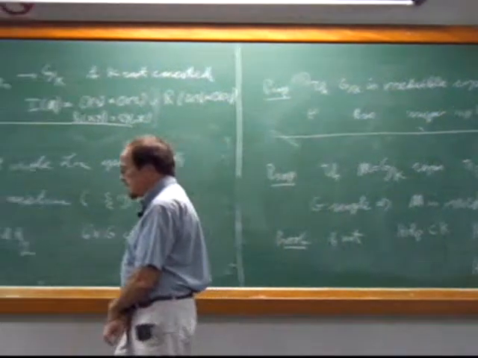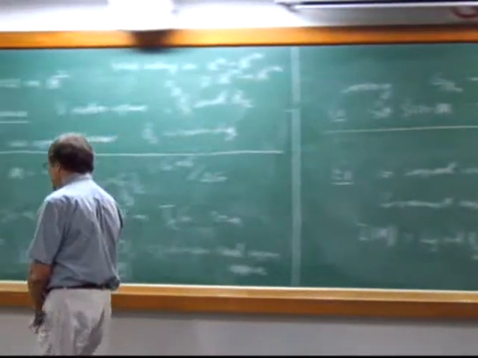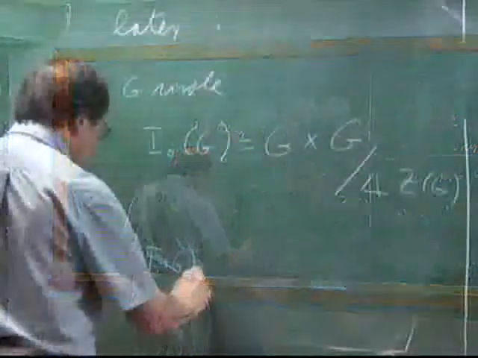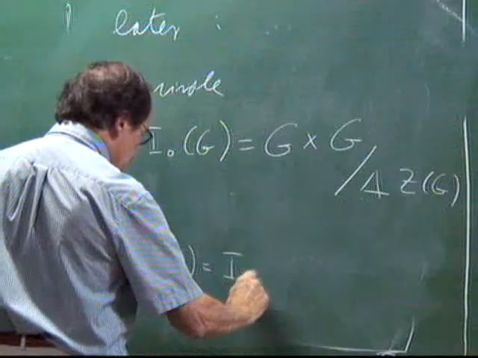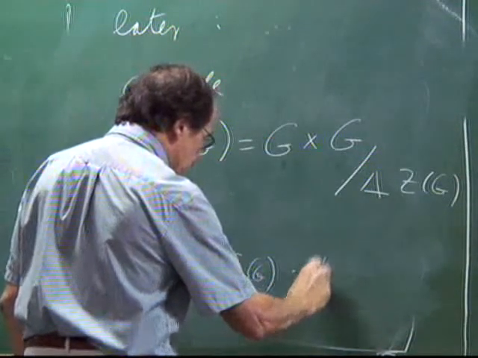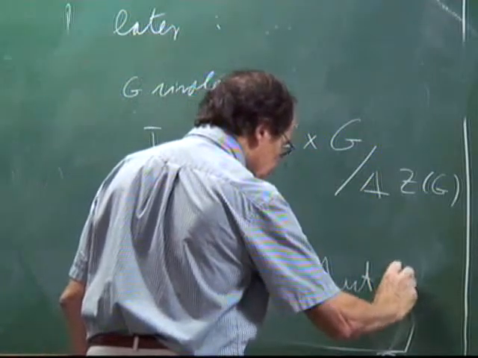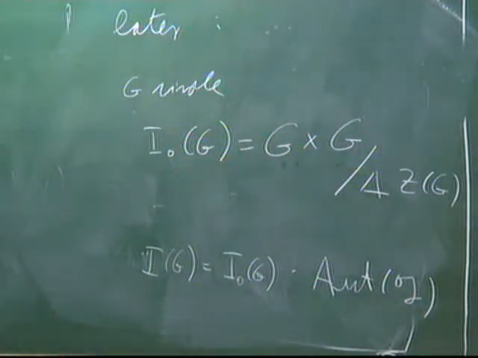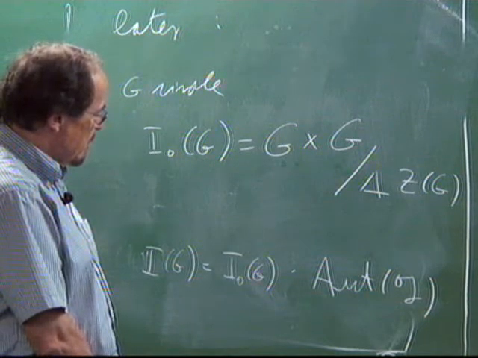In fact, maybe I can write down what it is. I of G, I claim, is I0 of G, multiplied, if you want, by the automorphisms of the algebra G. Why is that? I could, for example, argue as follows.